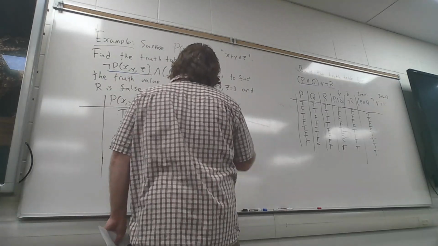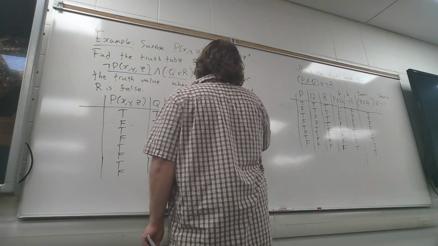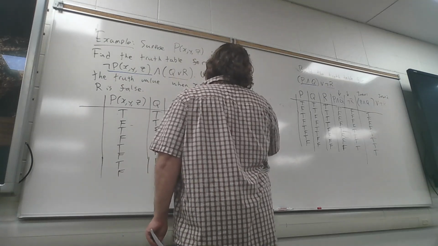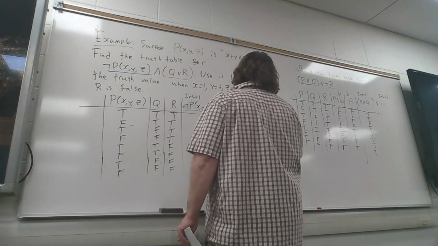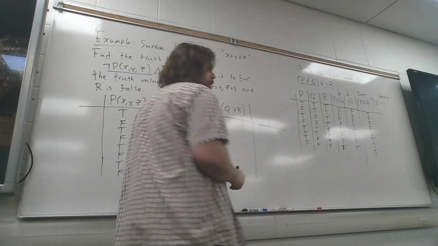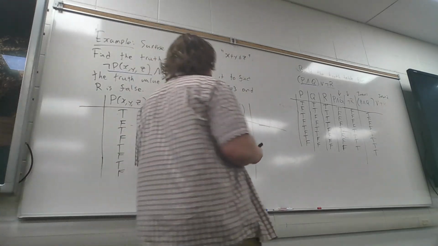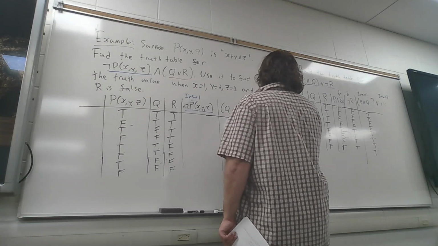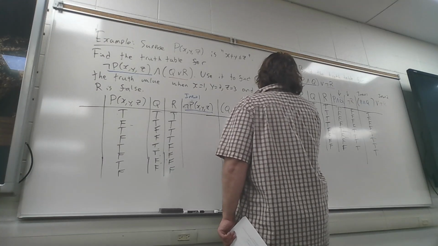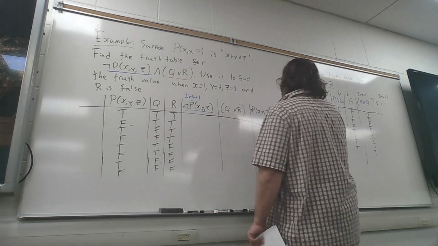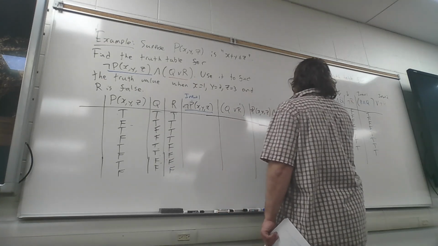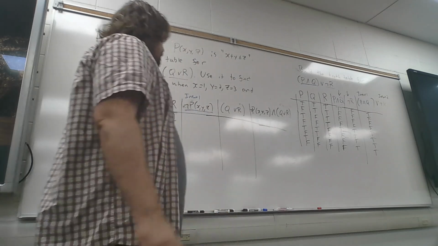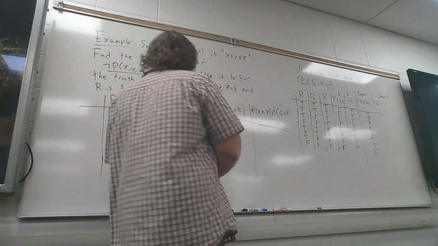We've got to figure that out too. And then from there, we write down the whole statement, right? Not P(X, Y, Z) or Q or R. Hopefully I have enough space here. Okay, so we just go one at a time.